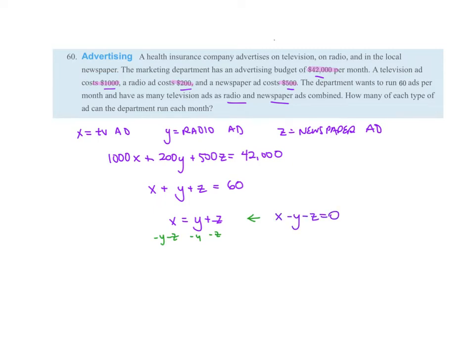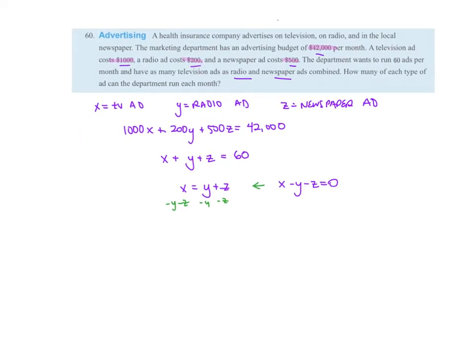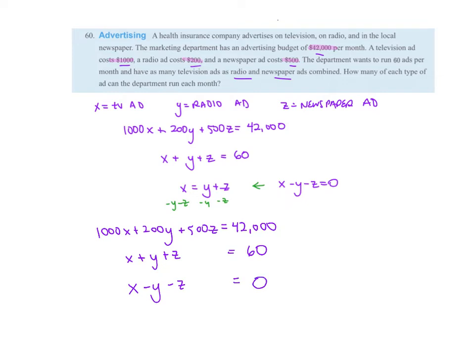So now we have a system of three equations and three variables. So 1,000x plus 200y plus 500z equals 42,000. X plus y plus z equals 60. And then x minus y minus z equals 0.